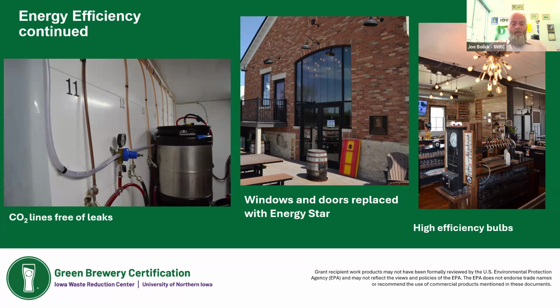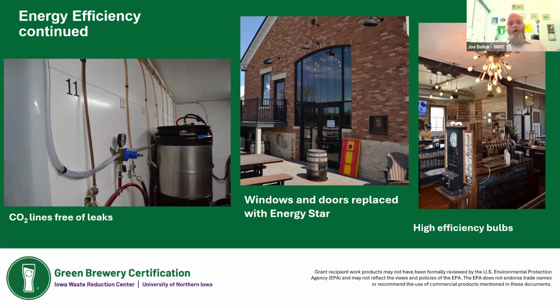CO2 ends up becoming a pretty big expense, especially for the smaller breweries. So if there's any time we can identify a leak and help get that sealed up, it can save them quite a bit of money, and time, and the amount of CO2.